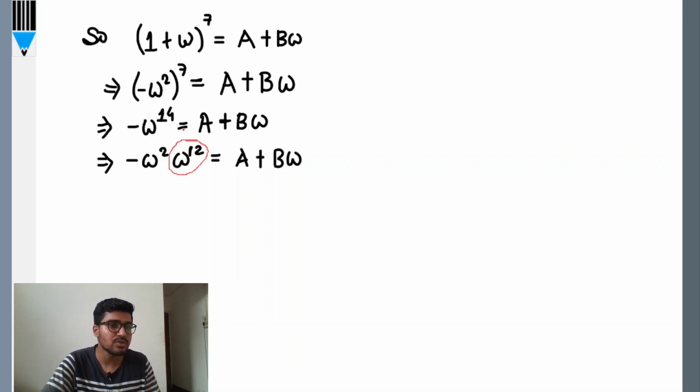Why did we do this? We know omega cube equals 1 because it is the cube root of unity. So we break the power so that it becomes a multiple of 3.